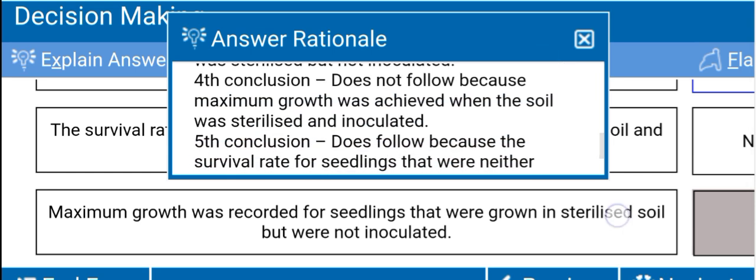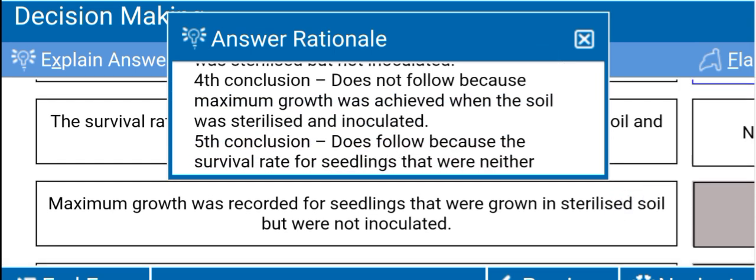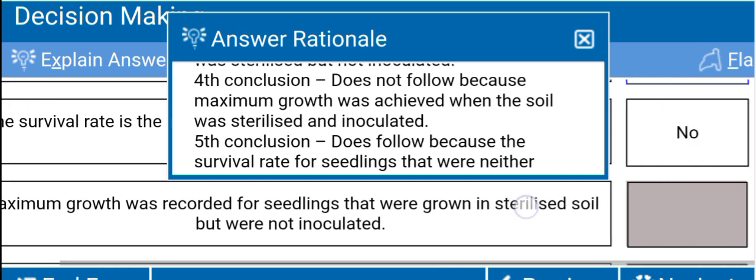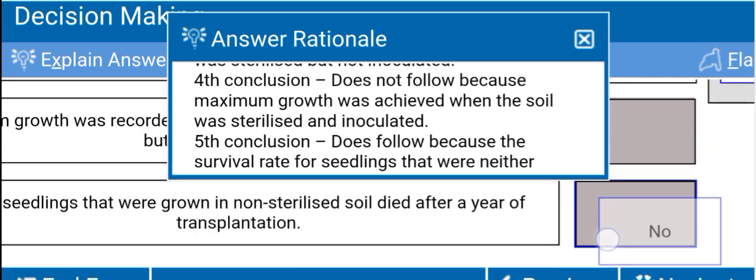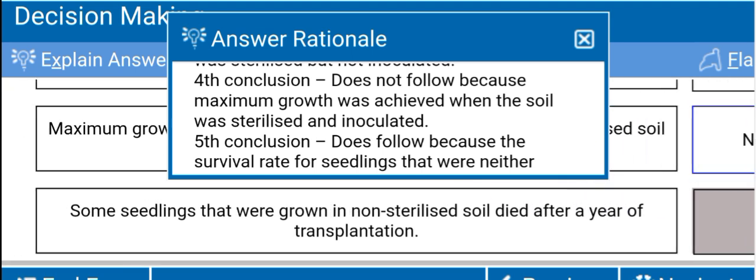Next we have a fourth conclusion. It does not follow because maximum growth was achieved when the soil was sterilized and inoculated. So it's a no again. So we put a no in front of this conclusion.